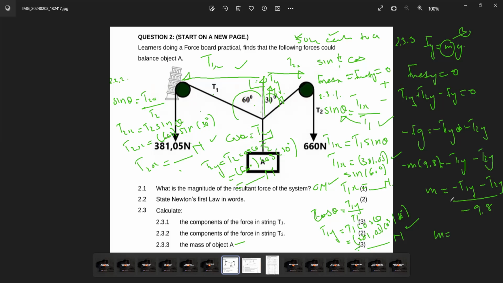Okay, we got 660 cos 30. We got negative 1. Plus 362.92.